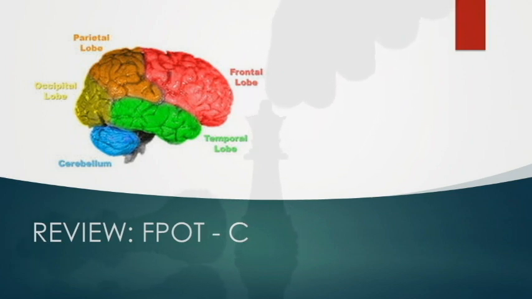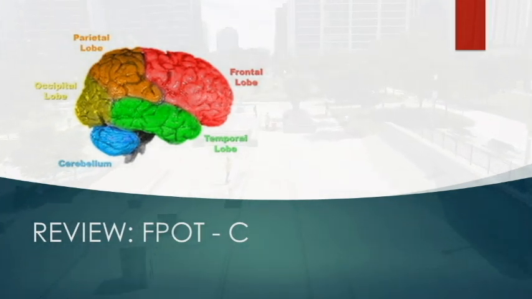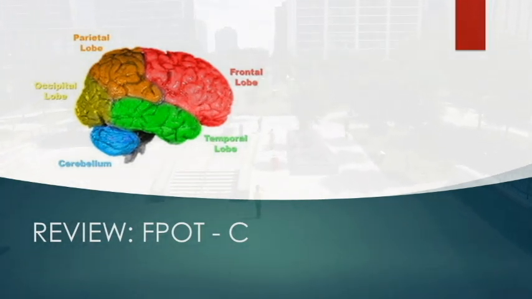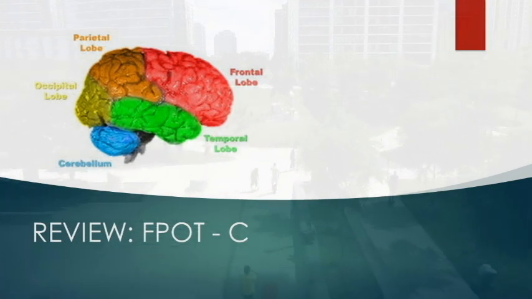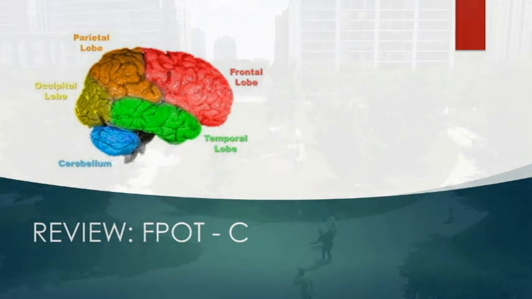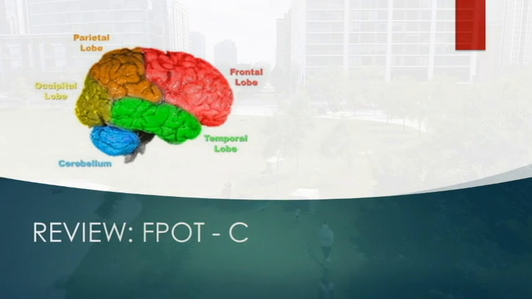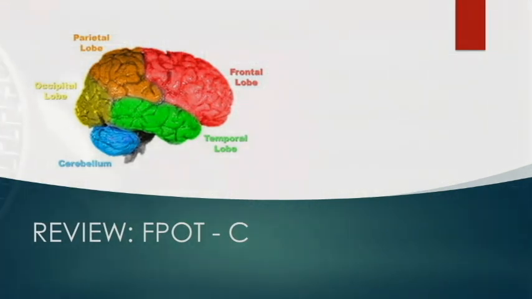F-pot-C. And so what I like to do is just F would be frontal lobe, P for parietal lobe, O for occipital lobe, T for temporal lobe, and C for cerebellum. So with F-pot-C in mind, I like to encourage students to give a little tap to your forehead.